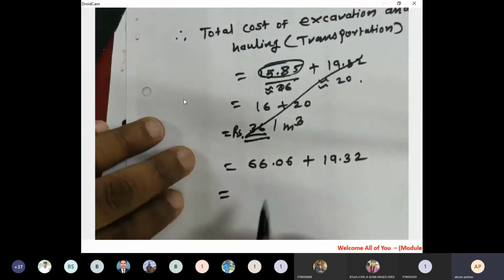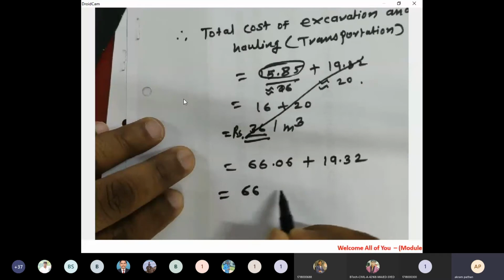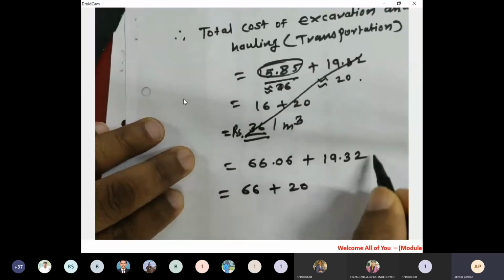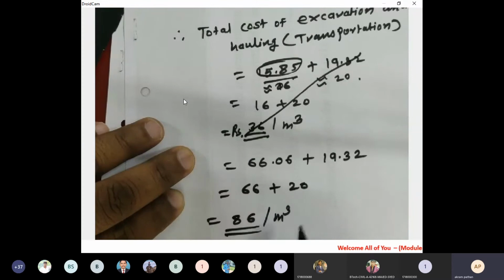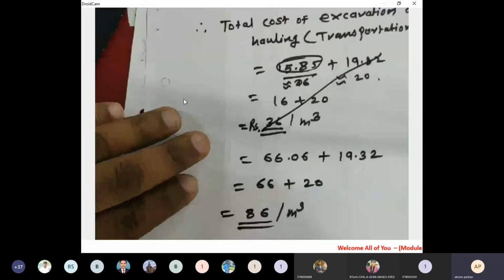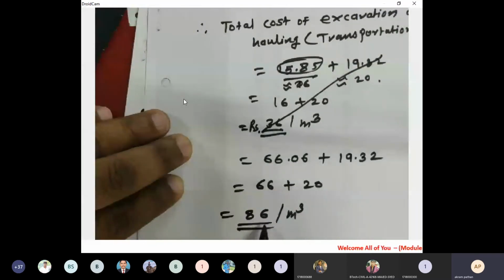So this will be approximately 66 plus approximately 20, so 6 and this is 86. So 86 rupees per meter cube. So the total cost of excavation and hauling is 86 per meter cube.